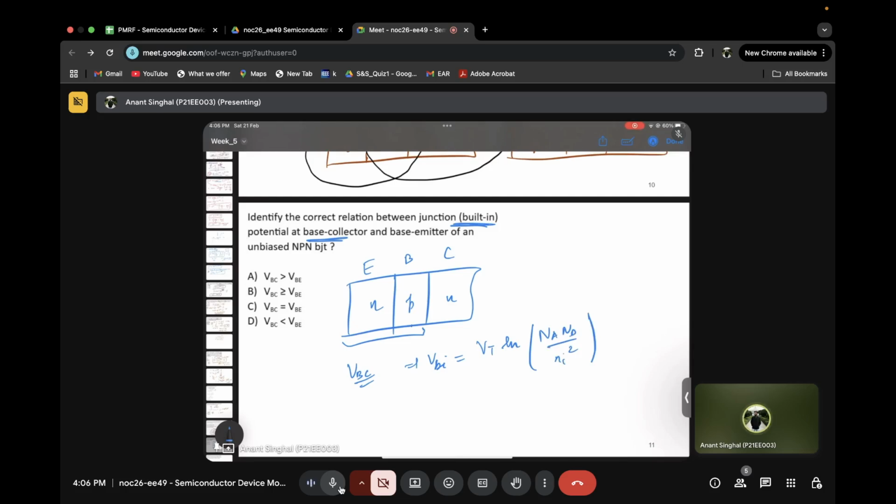This is the formula. I just said for a BJT, emitter is heavily doped, whereas collector is moderately doped.